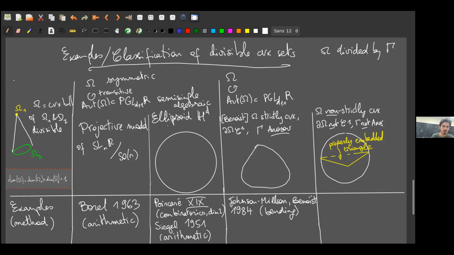And in this case, we say omega is reducible. In the other case, omega is irreducible when you cannot write it as a convex hull.